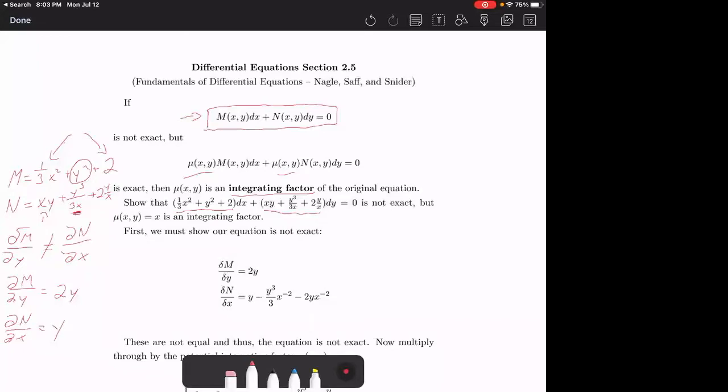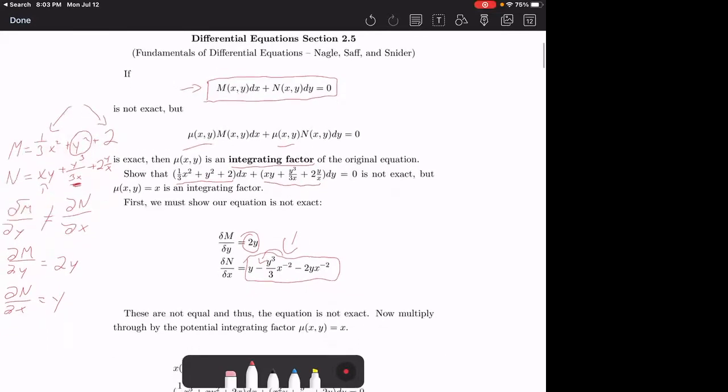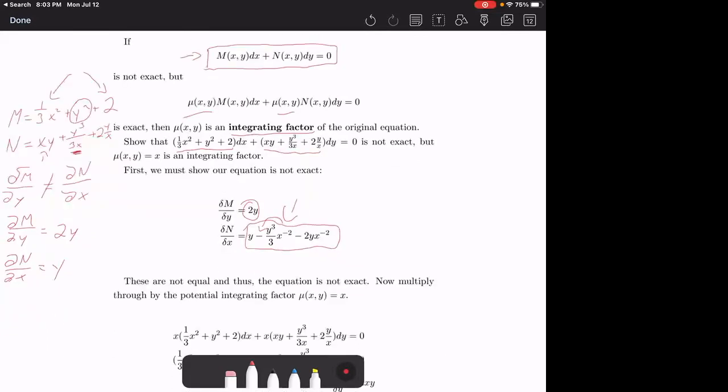The x to the negative 1 here becomes x to the negative 2, and we carry that negative 1 out front. Remember your power rule. You'll see how we get these pieces, and these are clearly not equal. 2y is not equal to y minus y cubed over 3 x to the negative 2 minus 2y x to the negative 2. So they're not equal. That's the first step.